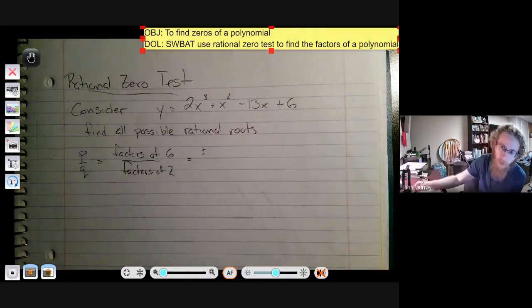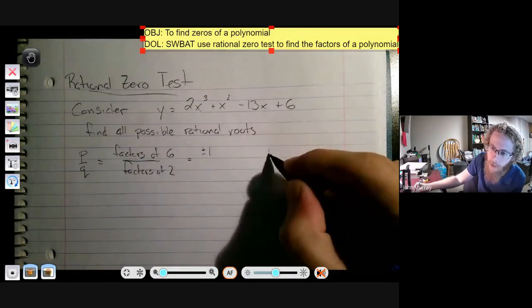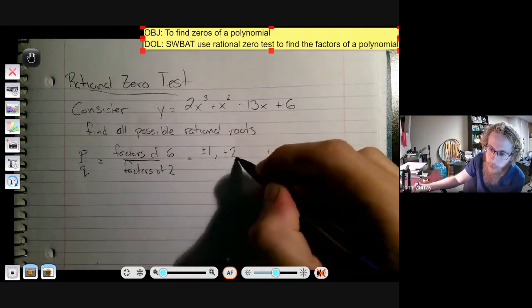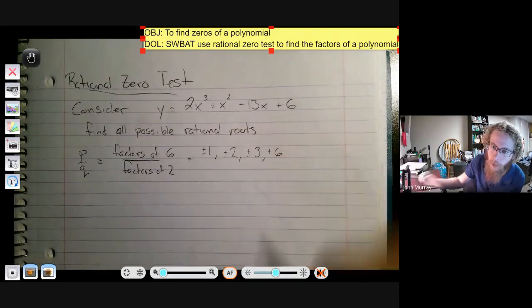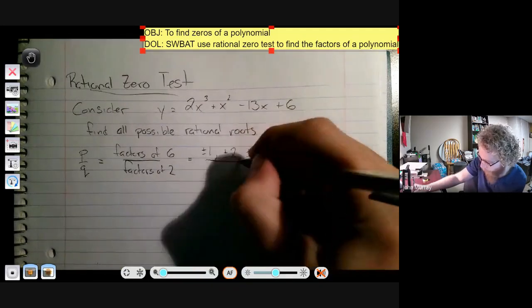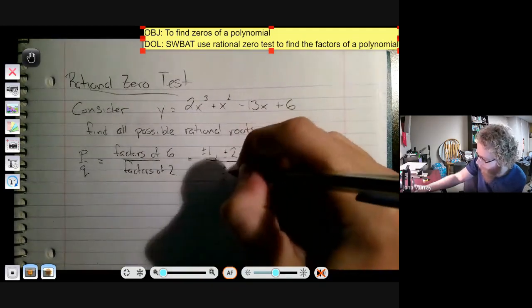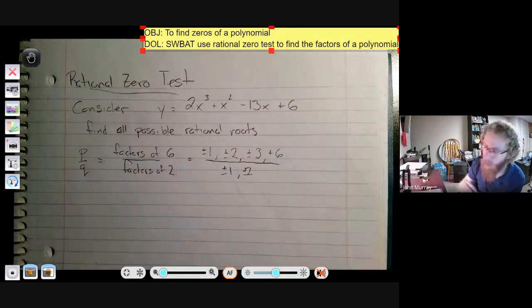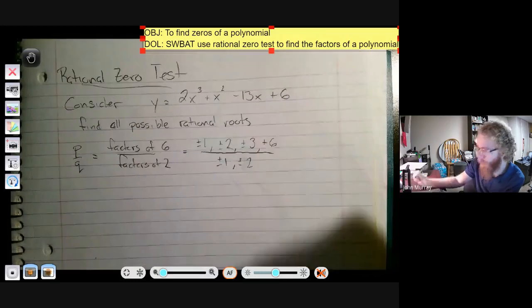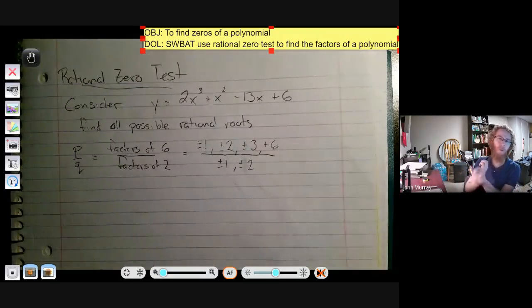So factors of 6, well, obviously 1 and 6. And then all we really got in between is the 2 and 3. So I have 4 factors of 6, 8 including the negatives. And now my factors of 2, well, they're not much, but it's more than 1. I have plus or minus 1 and plus or minus 2.